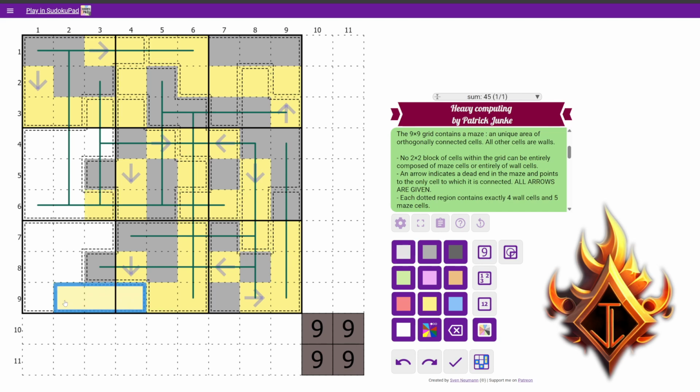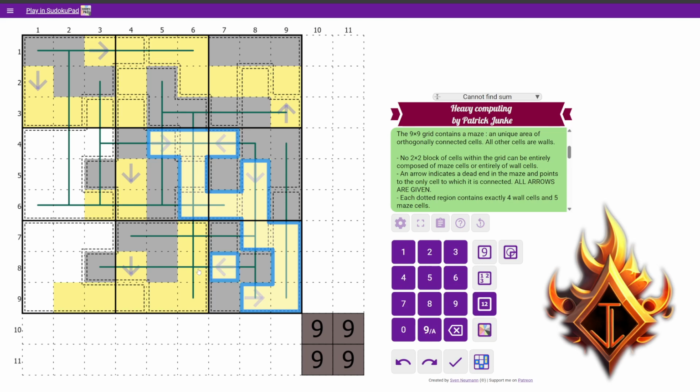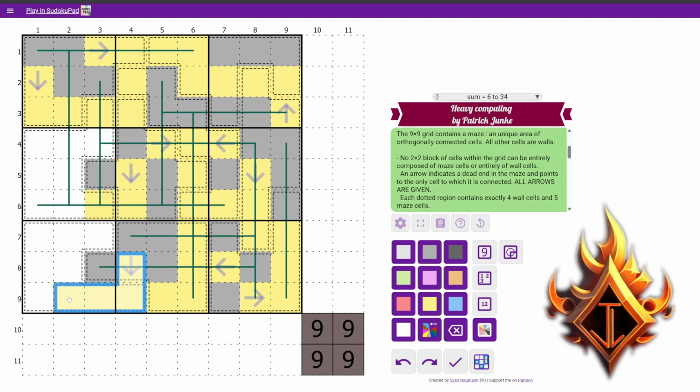And we have 3 here. We have 3 yellow in this one already. So we can only have 2 more, but we also know that these are isolated at the moment, right? These are not touching the rest. So we only have 2 cells, and we know we have to get up to this box 4 here.